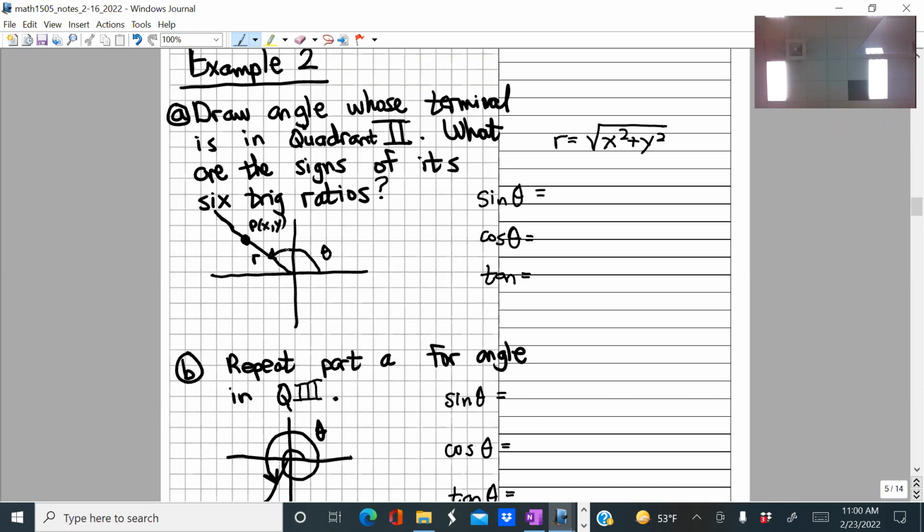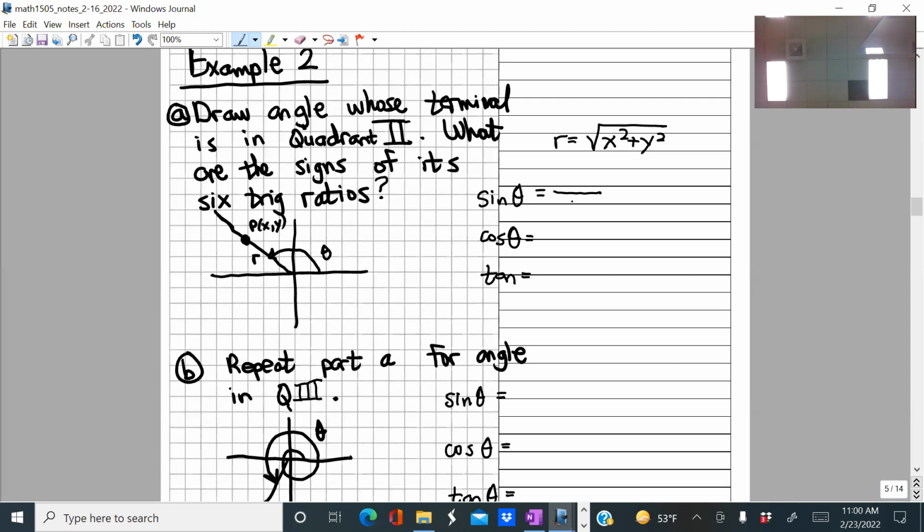In other words, if you have an angle between 90 and 180 degrees, pi over 2 and pi, what are the signs of the trig ratios going to be? Not the value of the trig ratio, but just the sign, plus or minus. So what's sine going to be for an angle in the second quadrant?